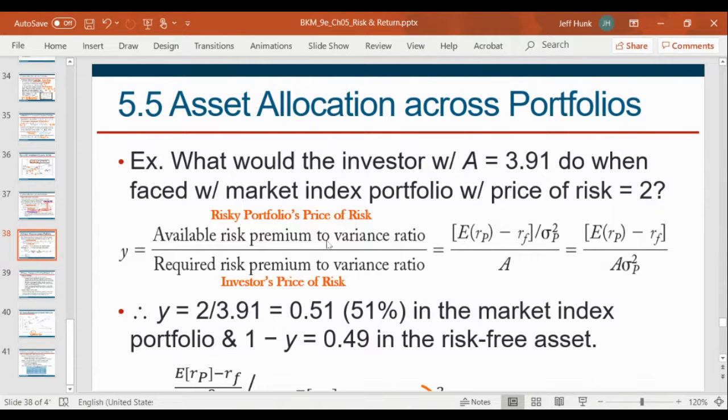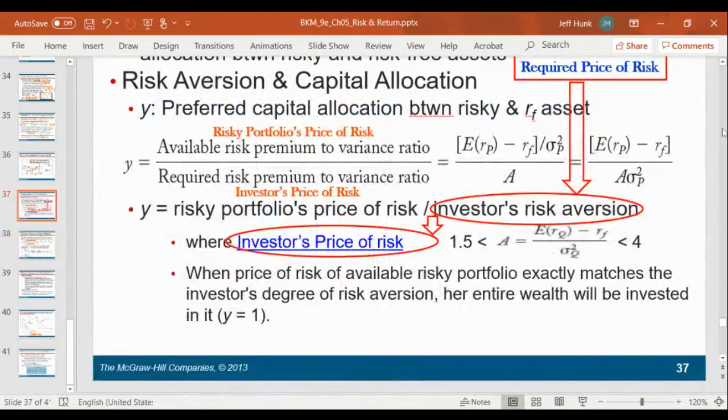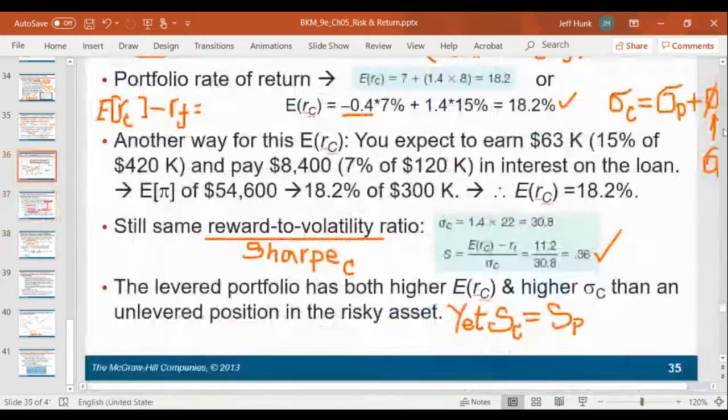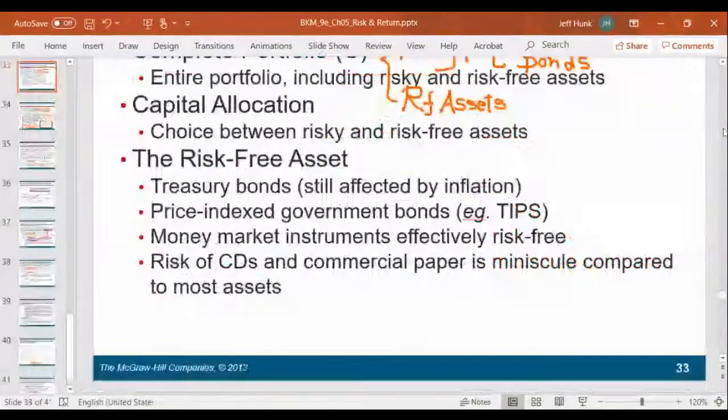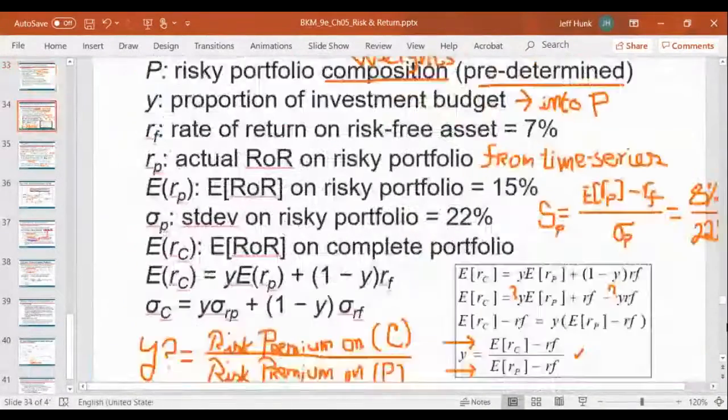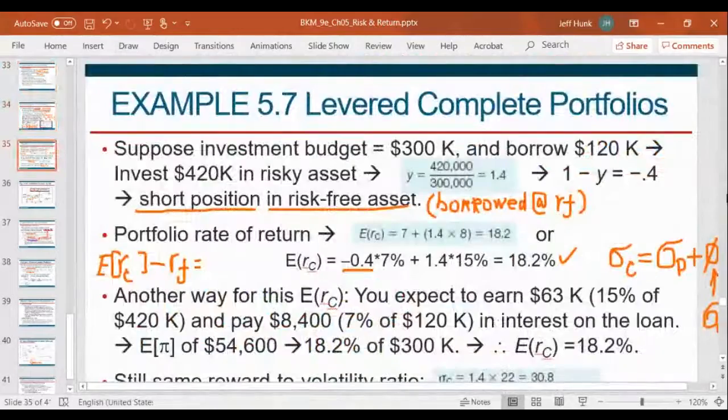And historically, I'm telling you, the price of risk for the market has been about 2.